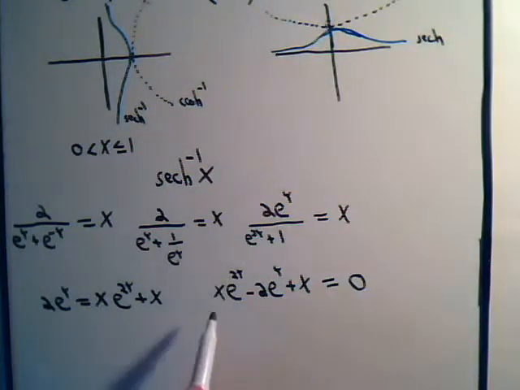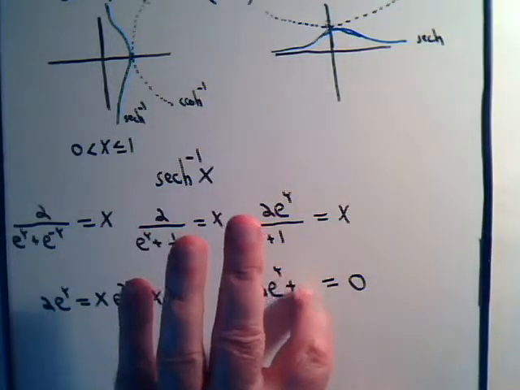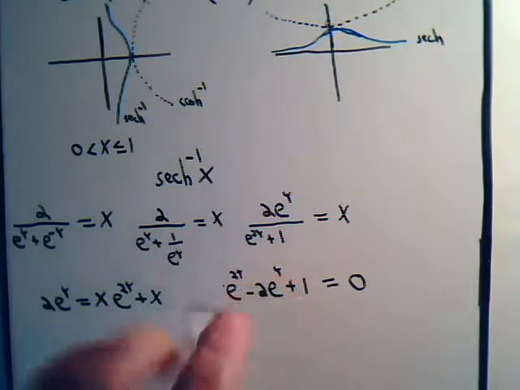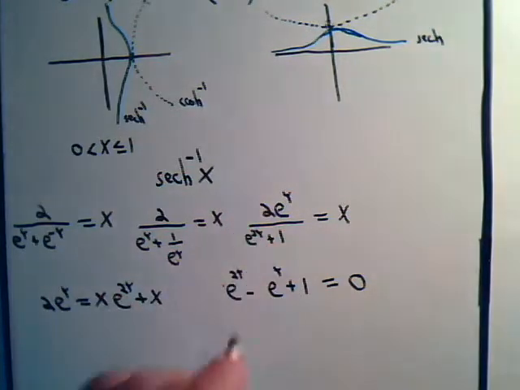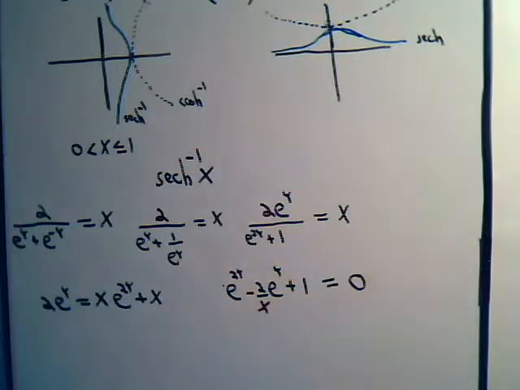And let's just divide both sides of the equation by x. So this is 1, this is 1, and here we're going to have 2 divided by x. And now we're all set to go ahead and use the quadratic formula to solve this for e to the y. So what do we get?